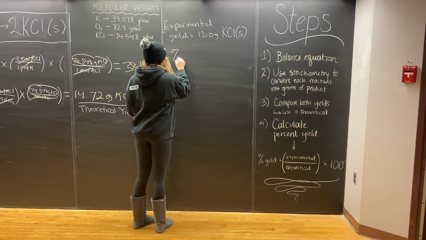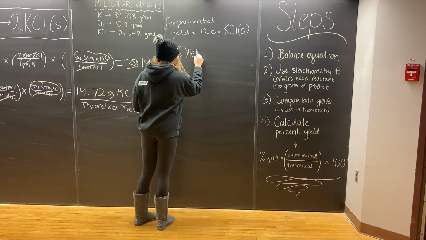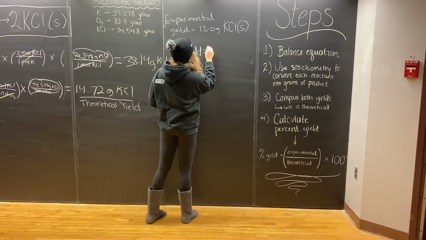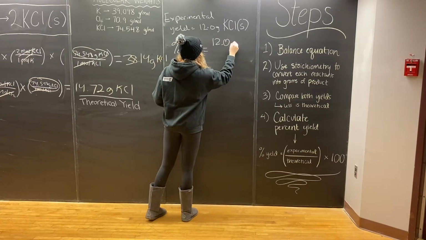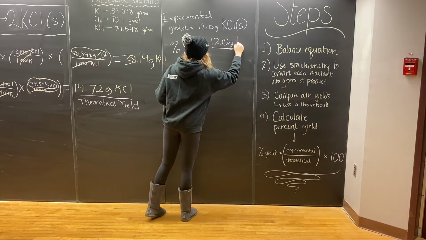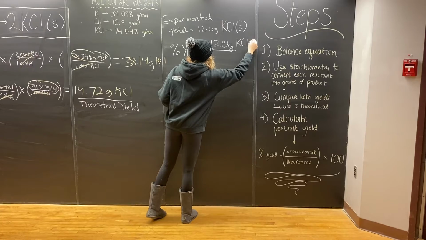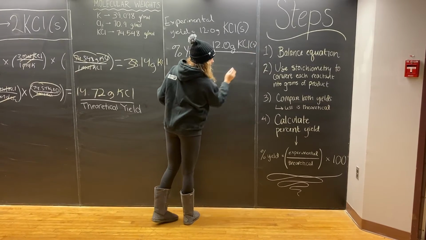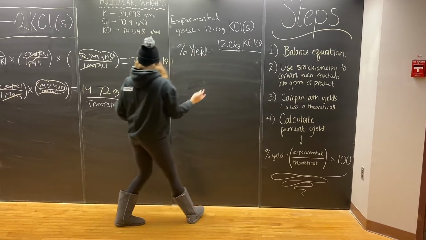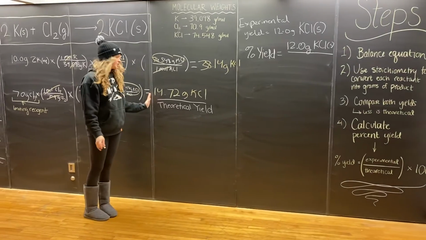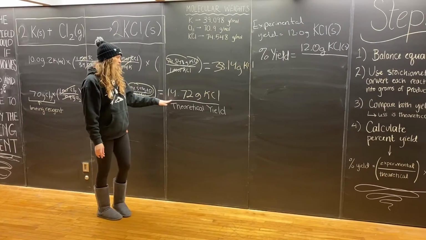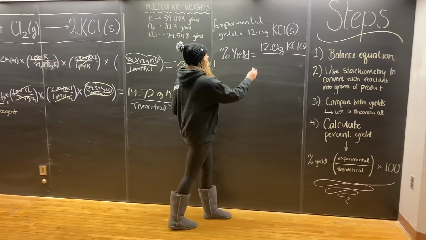So we have percent yield equals 12.0 grams of KCl solid over the theoretical, which we got from our equations here in stoichiometry, 14.72 grams of KCl.